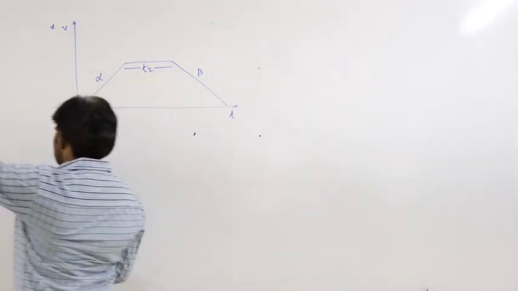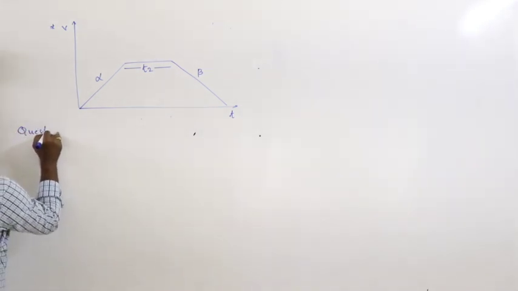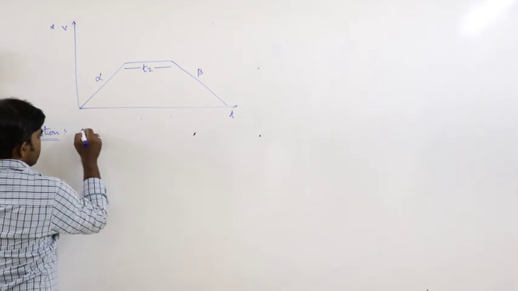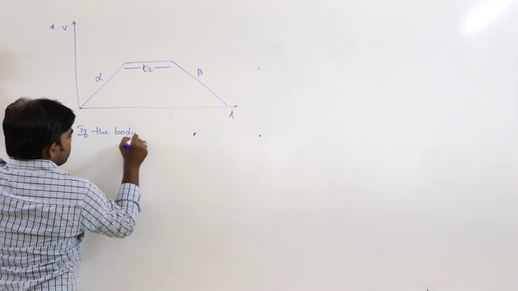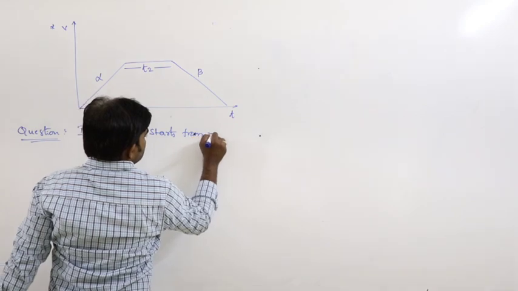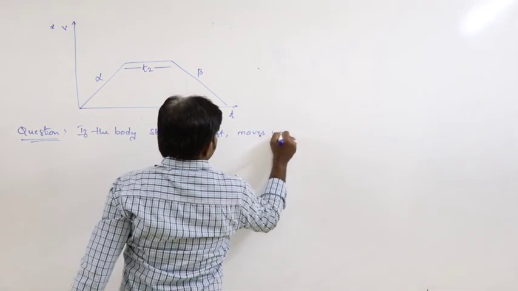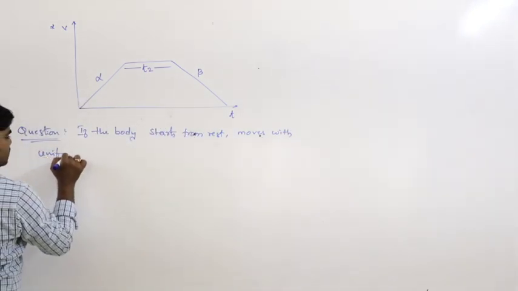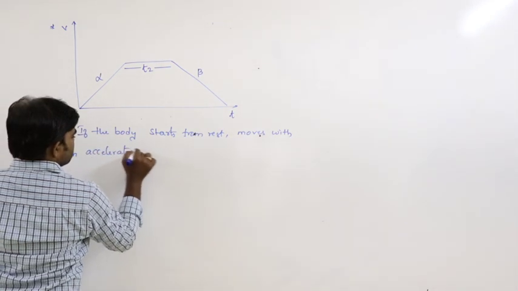See here, the question is, just I am writing the question. So body starts from rest, moves with uniform acceleration alpha.